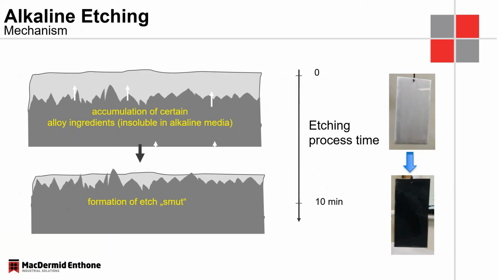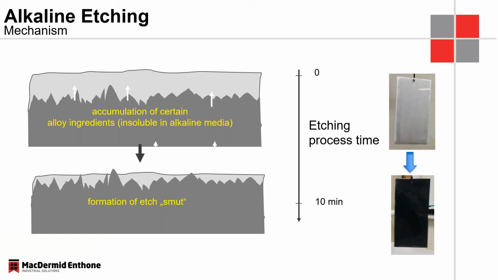When we look at it on a more schematic drawing here, we selectively remove the aluminum here, what we see at 0 minutes, and we work our way down, and through this process we actually liberate and surface more and more of the alloying constituents on the surface.